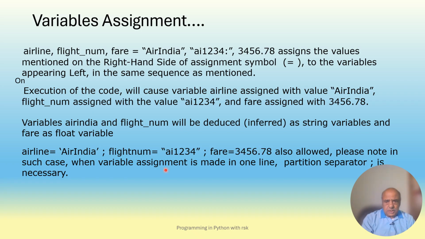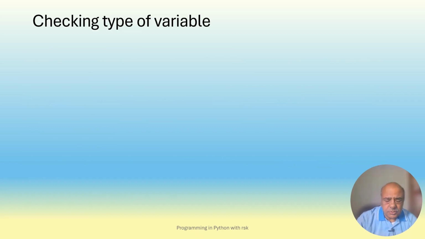That is possible, but in such a case the statements appearing as a variable name and the value to be assigned there are to be separated with a semicolon. This is called a partition separator.